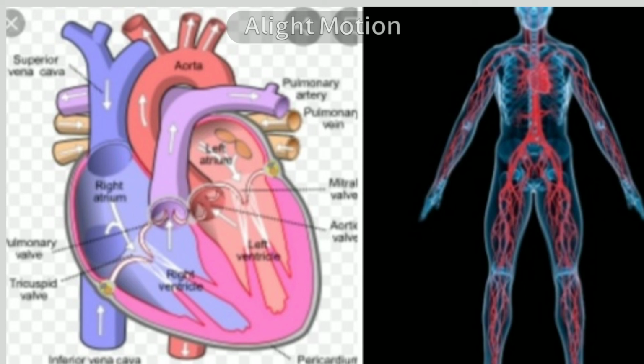The deoxygenated blood, or carbon dioxide rich blood, comes from the body to the upper chamber on the right of the heart, the right atrium, as it expands. As the right atrium contracts, the corresponding lower chamber, the right ventricle, dilates.